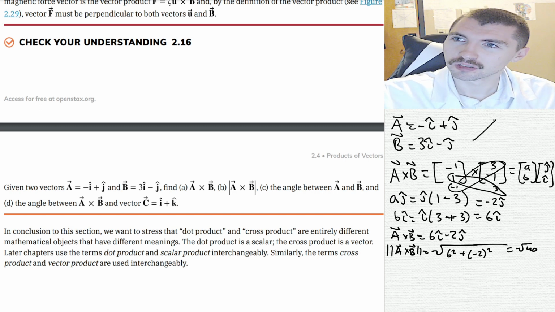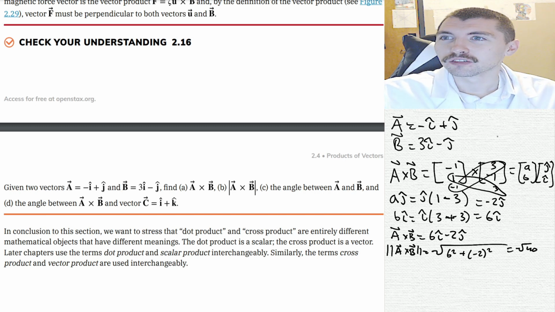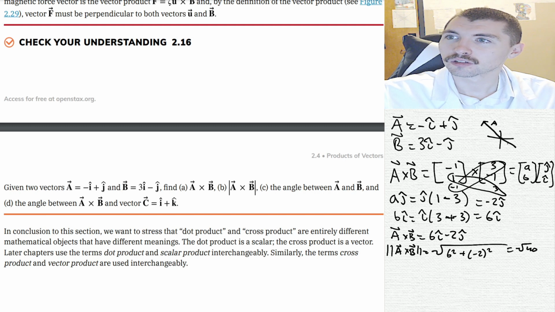Maybe a picture will help. So we have -I plus J. So this is A. And then B, 3I minus J. So we want to know the angle of this.